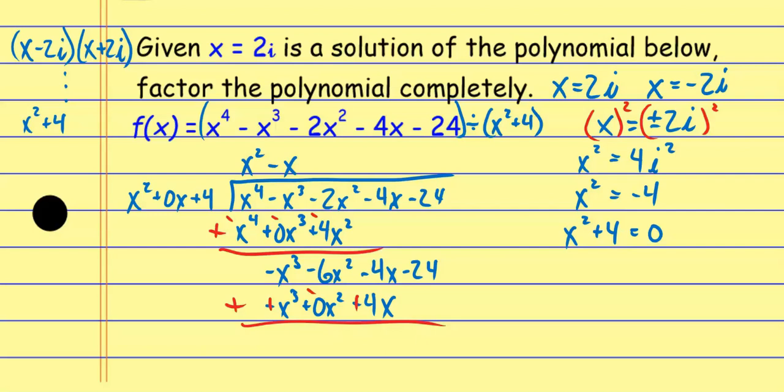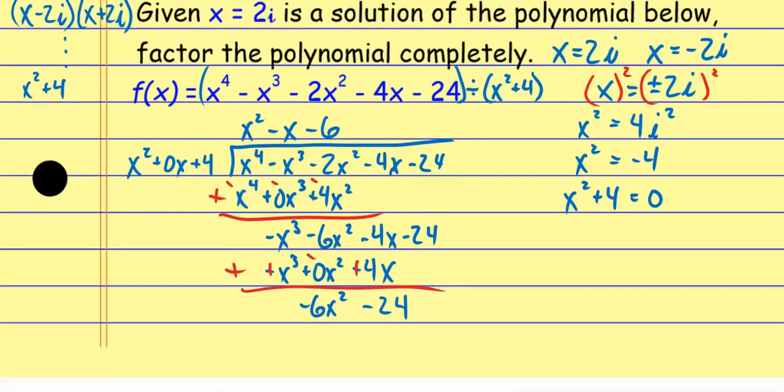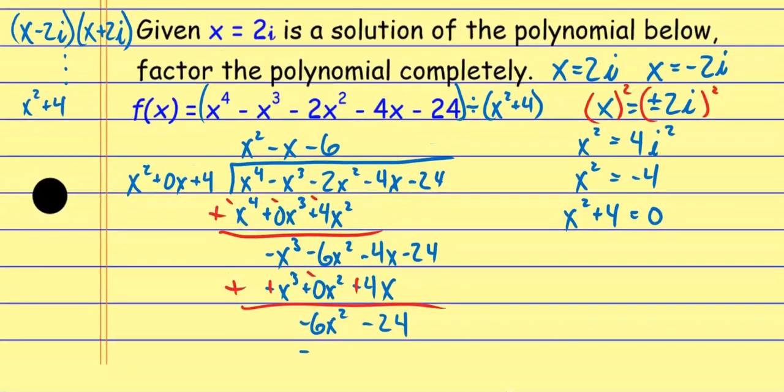And so what happens here, all this stuff cancels out. It looks like I'm left with a minus 24 here at the end. Or sorry, I missed the minus 6x squared. There it is. And I bring down the minus 24. And now this has to multiply. That's going to be a negative 6 to give me that thing. And now I multiply. It's a negative 6x squared.